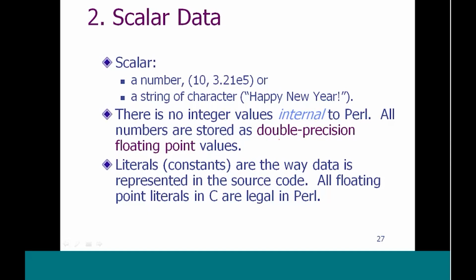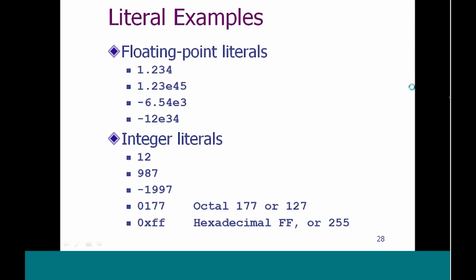And then the other one is the literals or the constants, which are the way the data is represented in the source code. So all the floating point literals in C are legal in Perl. These are the things that you want to keep in mind. So what are floating point literals?